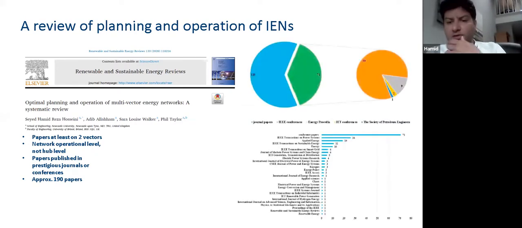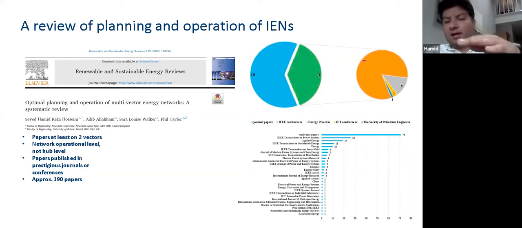This graph shows where these papers were published. Basically 115 were published in prestigious journals, and 71 of them were from prestigious conferences, the majority coming from IEEE conferences.